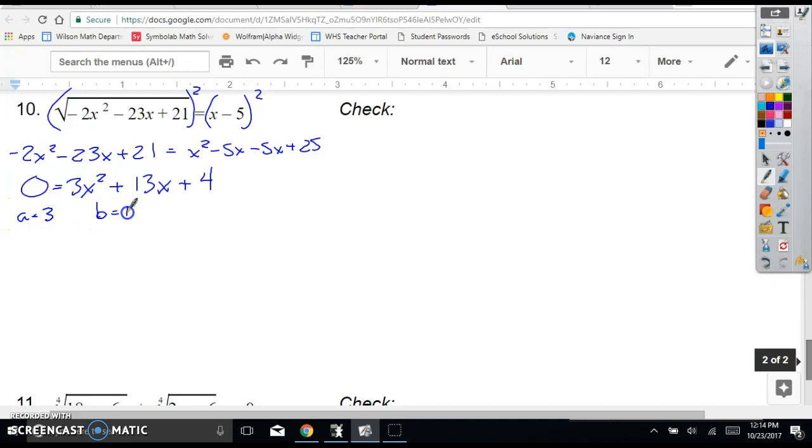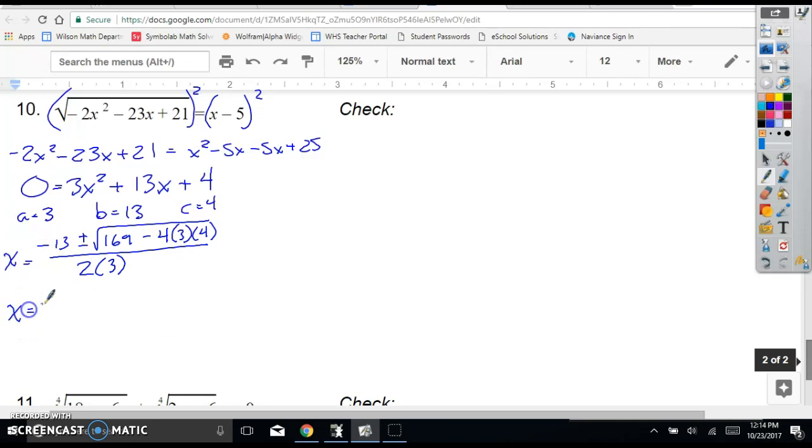So a is 3, b is 13, c is 4. So quadratic formula would be negative b plus or minus the square root of b squared, which would be 169, minus 4 times a times c. This is all over 2 times a.